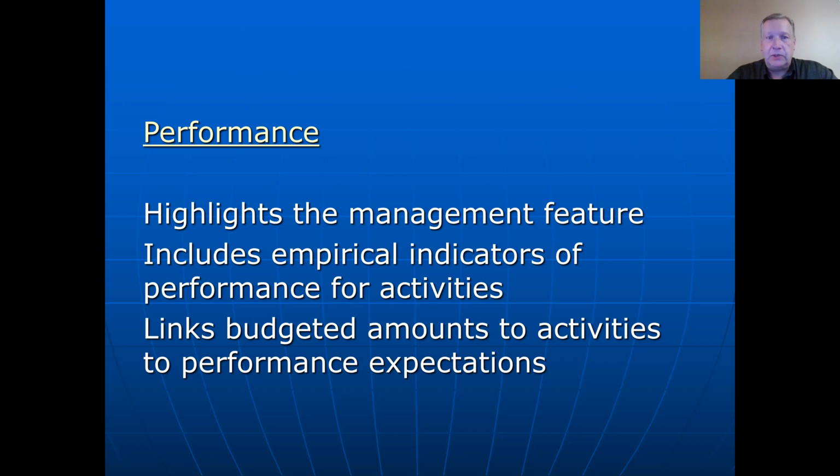Now, performance-based budgeting, highlighting this management feature, was an innovation that came about in the 1940s and the 1950s in the form of what we refer to as classical performance-based budgeting. Classical performance-based budgeting focused on outputs. So it asks the question, based upon these inputs, these resources that are coming into our organization, how is the organization taking those inputs and translating them into the things that are actually being created by the organization?